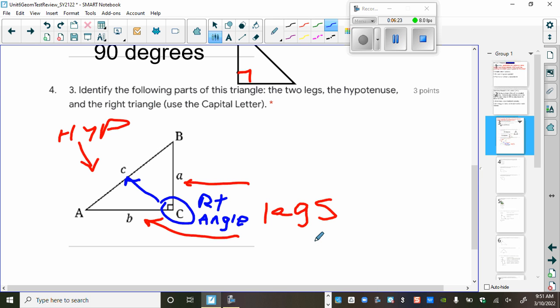These first three, we already know this. I'm not going to go into much more detail, but this is good to know. We need to figure out which two sides form the legs and which one is the hypotenuse. Of course, the hypotenuse is always across from the right angle. Those are things we should know by now. You don't have to write this, but I will type it.